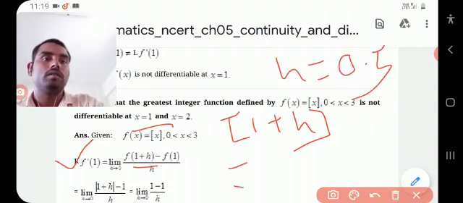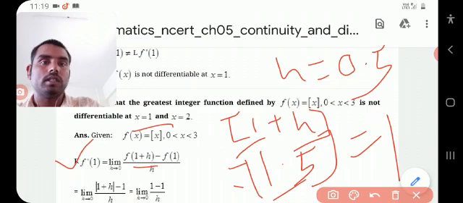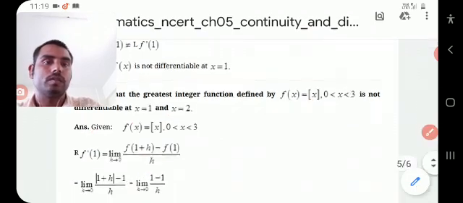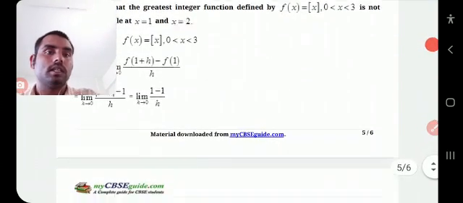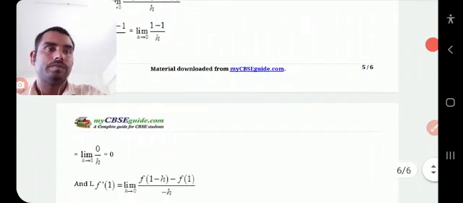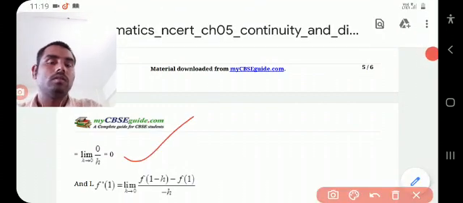So after calculation, it will be 1.5. 1.5 box means 1. So that is why it is 1. So 1 minus 1 is 0. 0 by h, the answer is 0. So now the left part.